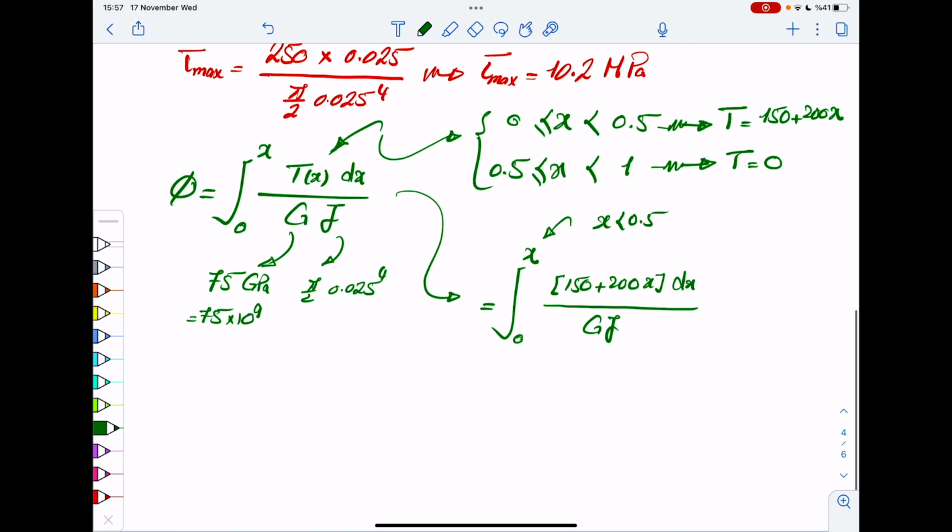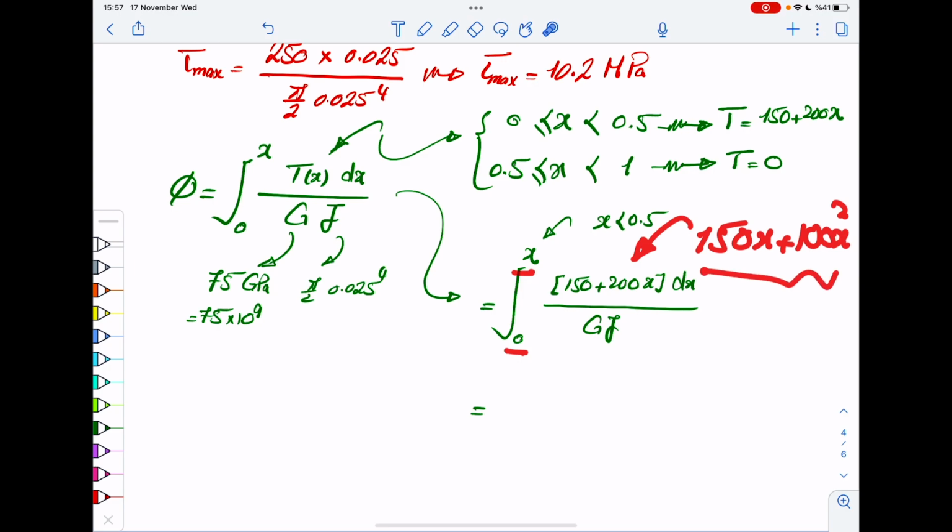And you just need to integrate this. This is very simple. You can imagine this gives you something like 150x plus 100x squared, right? And then if you put 0, you just get 0. If you put x, you just get x. So basically, you get exactly the same thing, and then you divide by GJ.